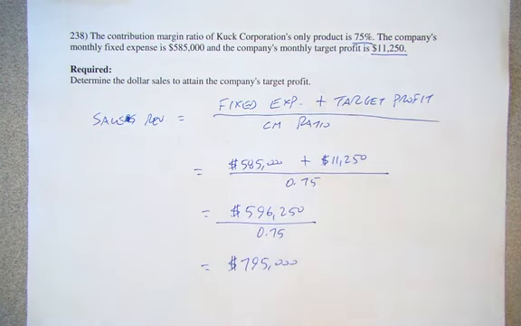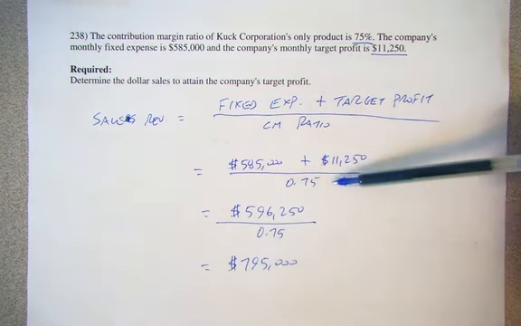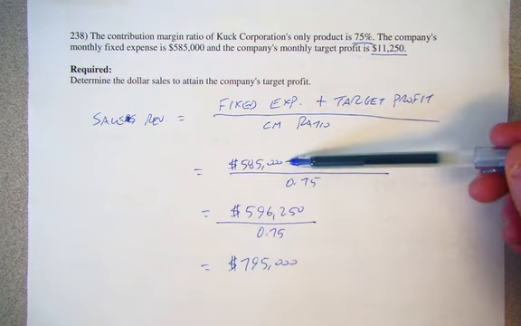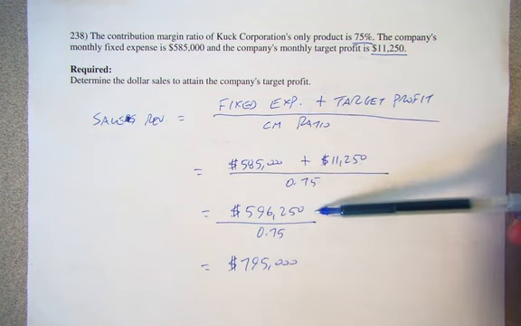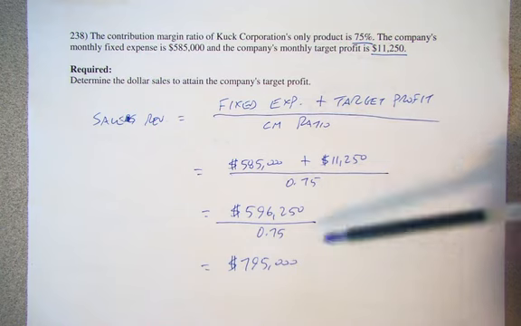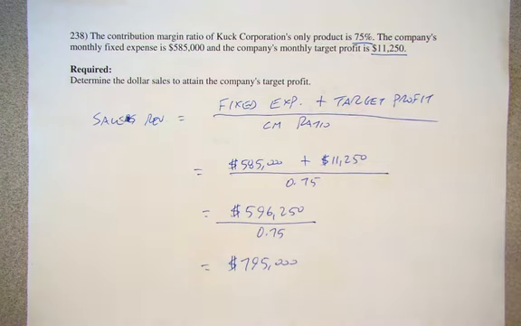So as we take a step back and look at what we did here, we're basically saying for every dollar of sales revenue we earn 75 cents of contribution. We need to earn enough contribution margin to cover our fixed expenses, and then on top of that to generate this profit right here. So we need this much contribution margin in total. And in order to do that, we need to generate this much sales revenue.